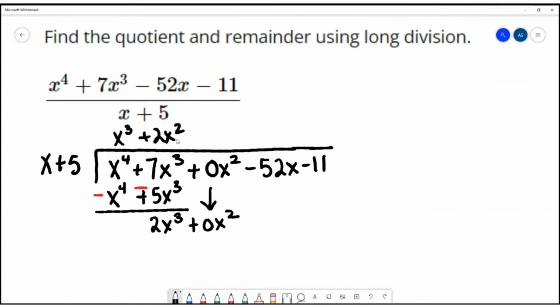So once we get that number, we're going to multiply that number by both of these terms and write it down here. 2x squared times x is 2x cubed. 2x squared times 5 is 10x squared. I need to subtract, so I'm going to change the signs.